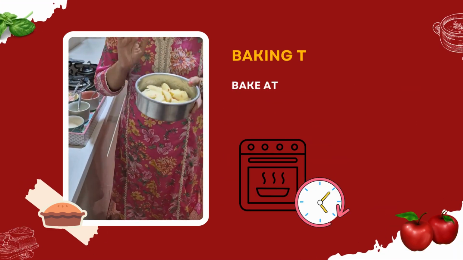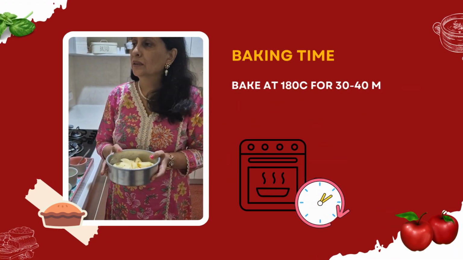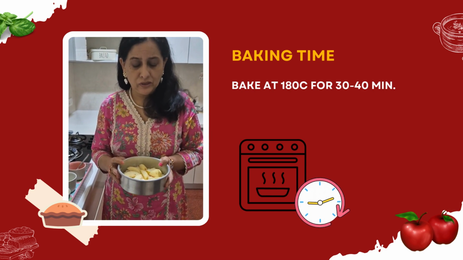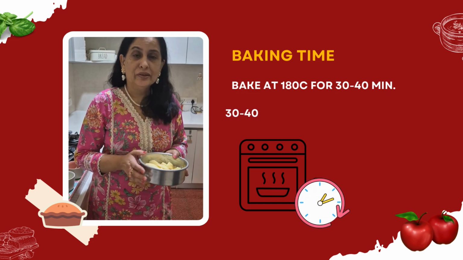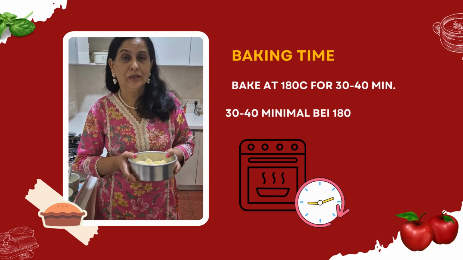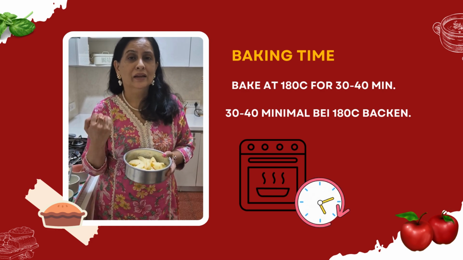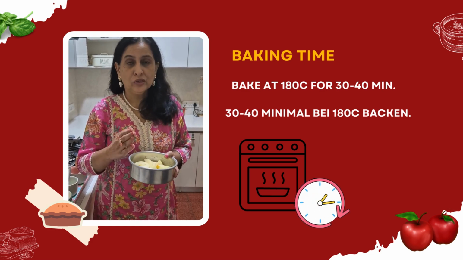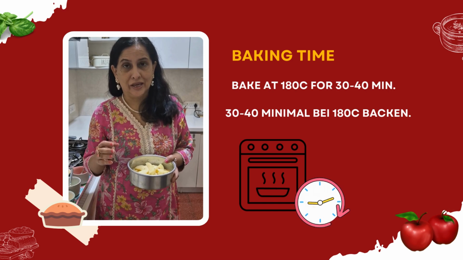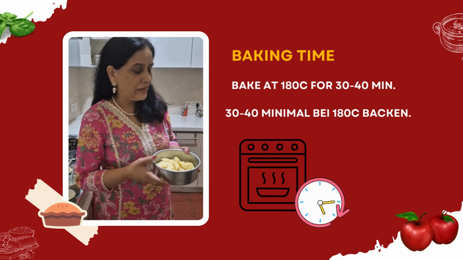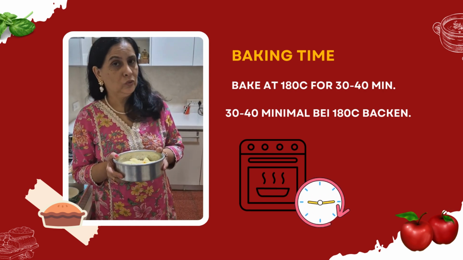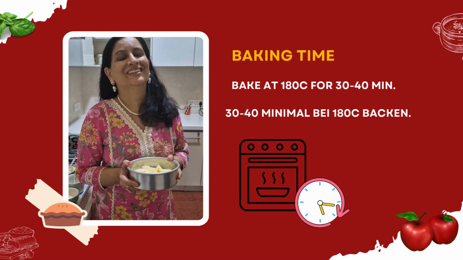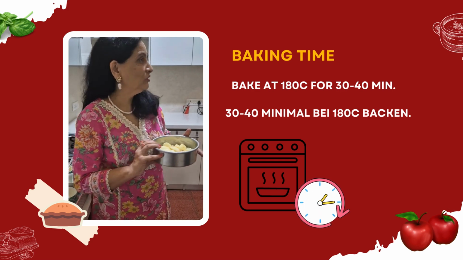Now we will bake this cake in the oven at 180 degrees C for 30 to 40 minutes. So how will you say in German? 30 bis 40 Minuten bei 180 degrees C backen. Meaning we have to bake this cake for 30 to 40 minutes at 180 degrees C. So we'll just keep it in the oven.